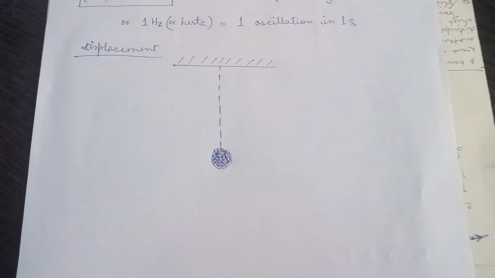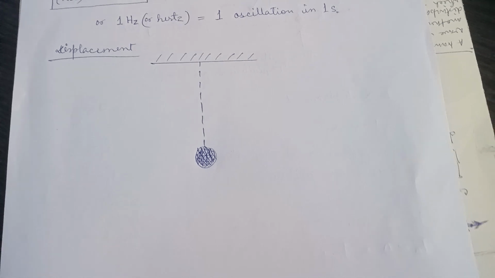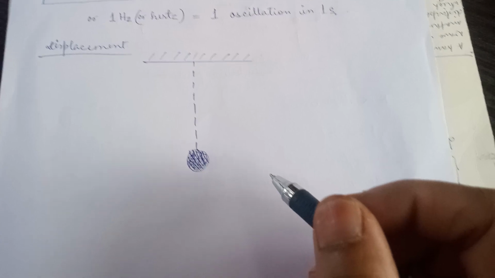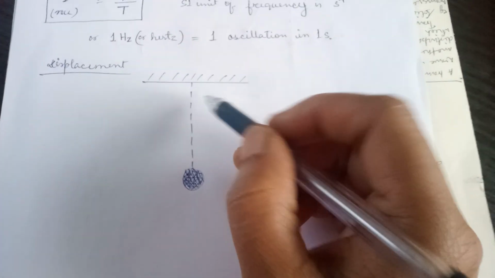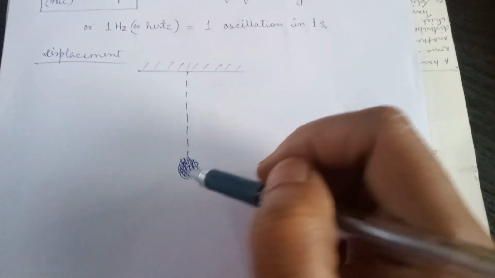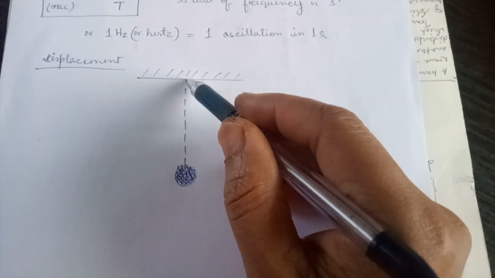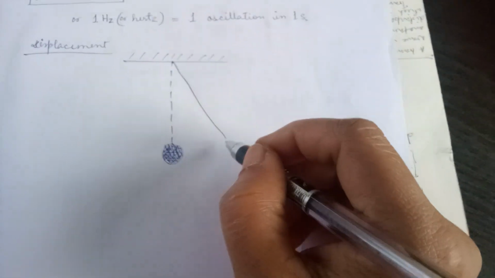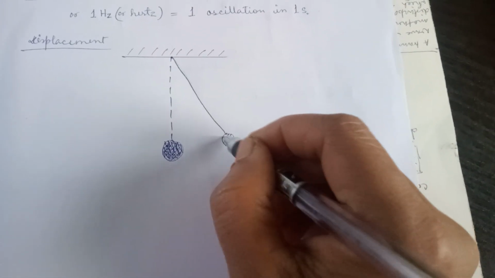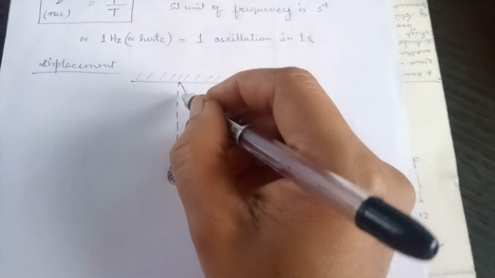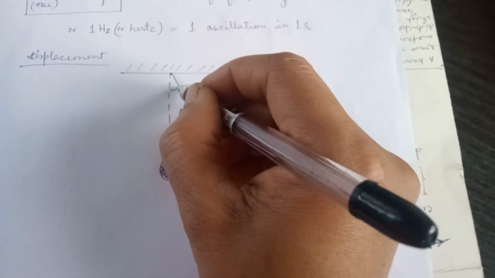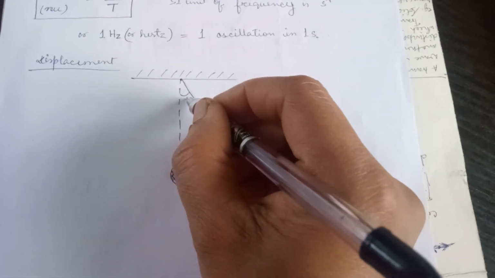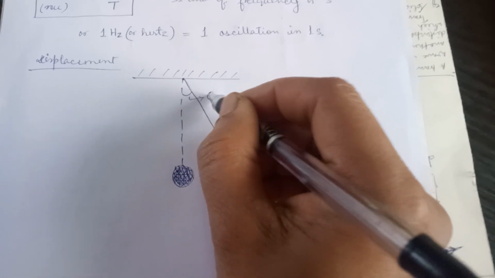So to obtain the expression of displacement, let us consider an oscillating simple pendulum. The oscillating simple pendulum is in its mean position right now, and when it is displaced, it makes an angle with the position of the string when it is at rest. Let this angle be theta.